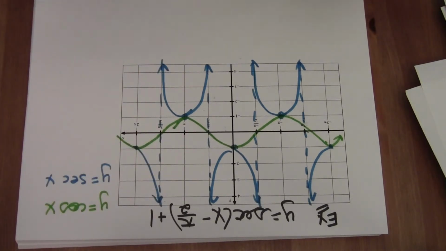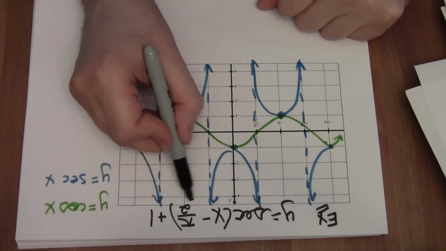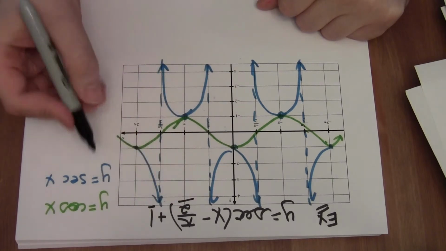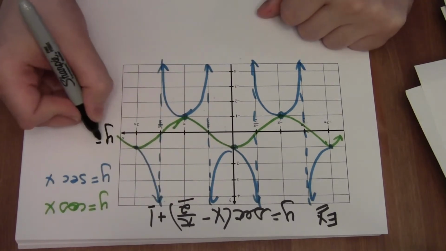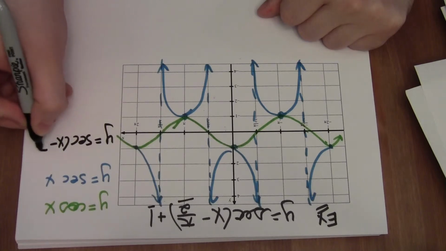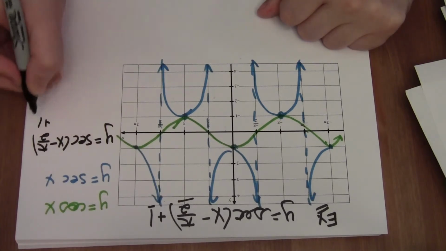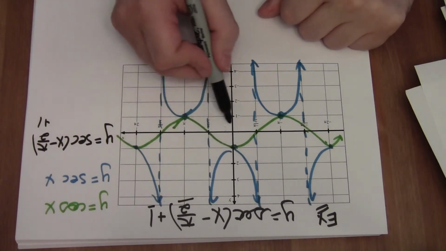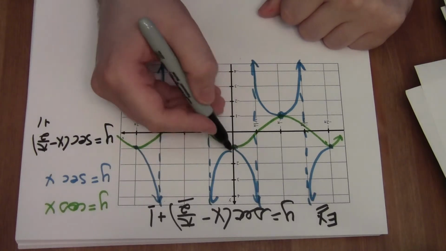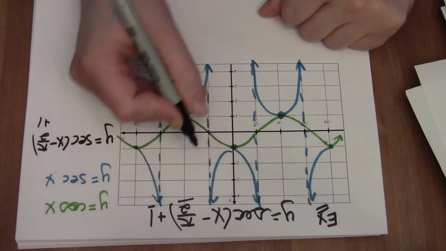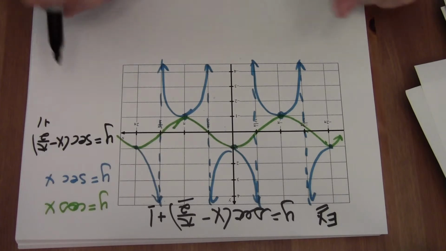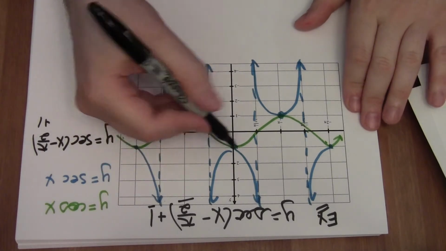And now I'm going to deal with my transformations. There's a horizontal transformation of pi over 2 and a vertical transformation of 1. So the secant of x minus pi over 2 plus 1, I'm just going to take my points and move them right one space, that would be pi over 2 units, and up 1. I think actually first I'm going to take my vertical asymptotes and transform those.